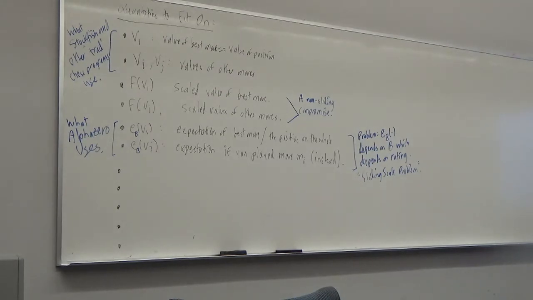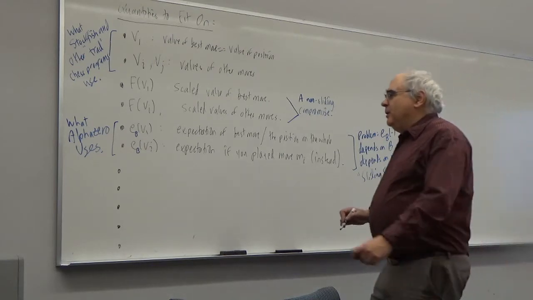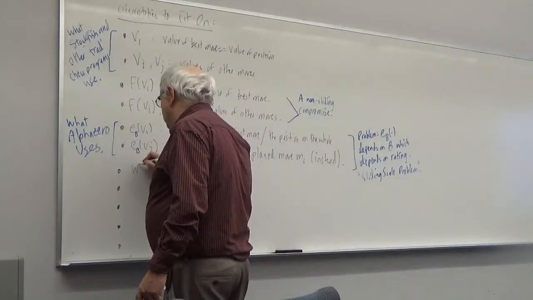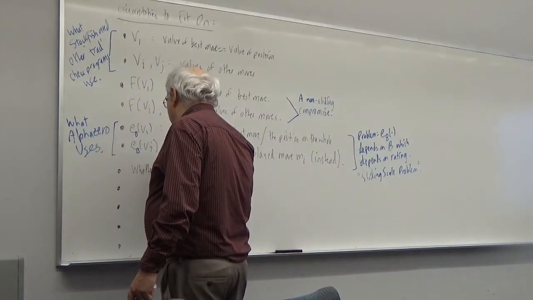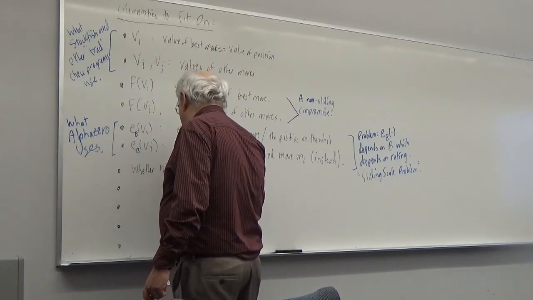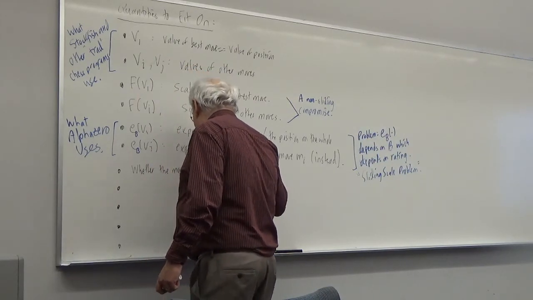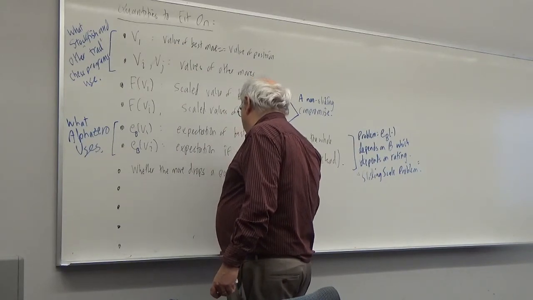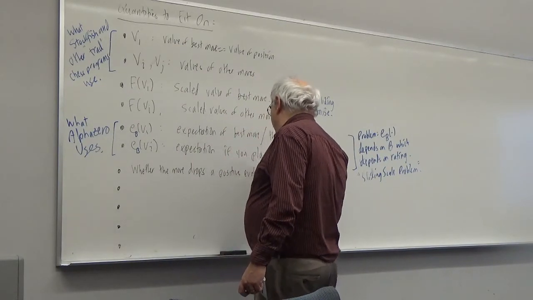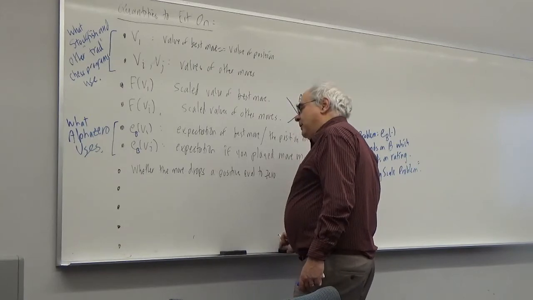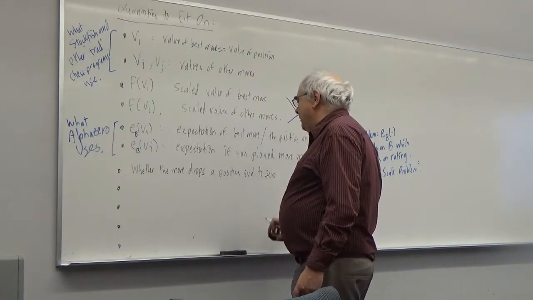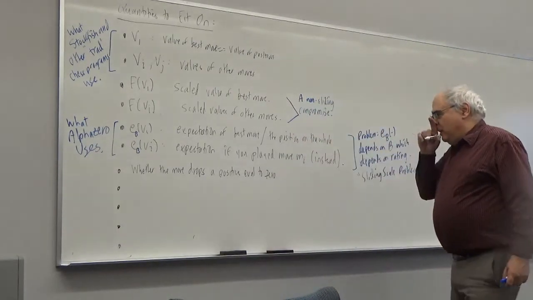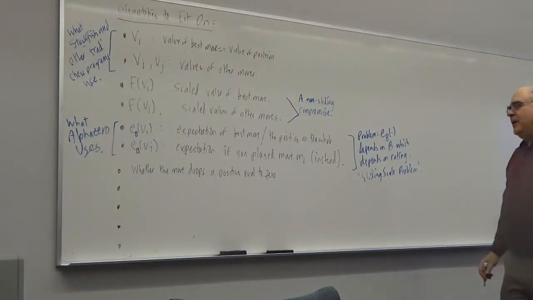Okay, so there are 5 of those, and the first one is whether the move drops a positive eval to 0. Actually, drops a positive eval to 0, in other words, losing the advantage.